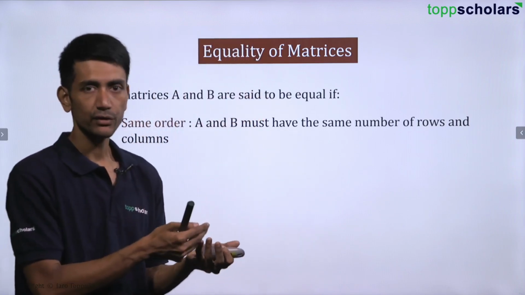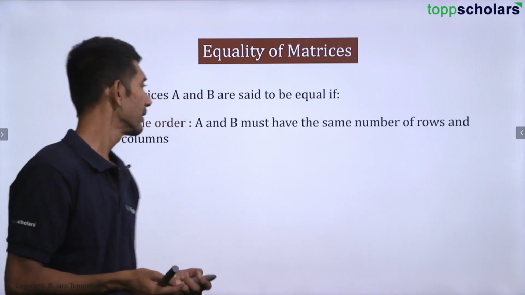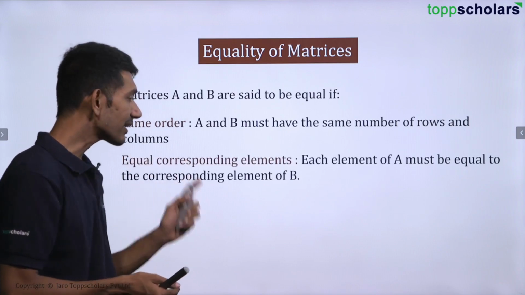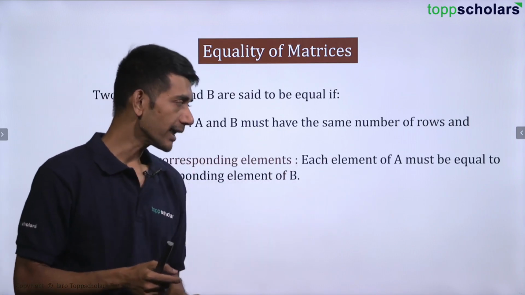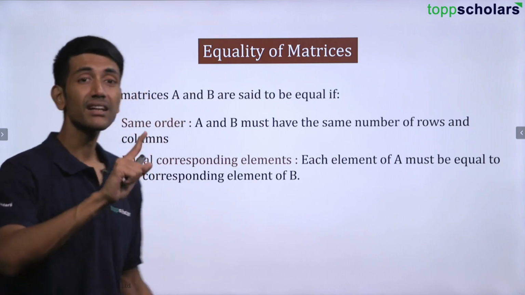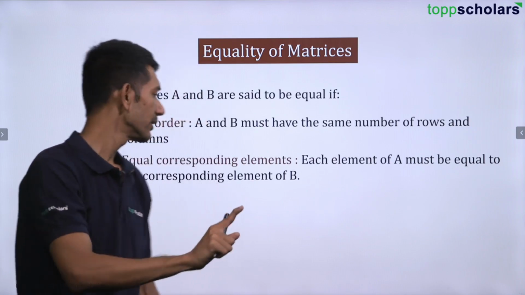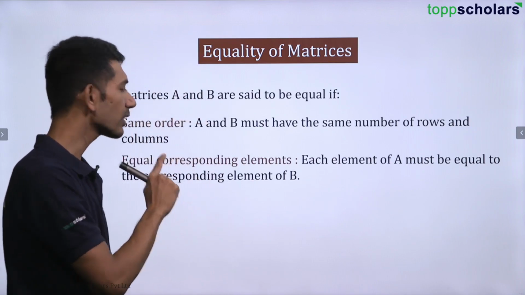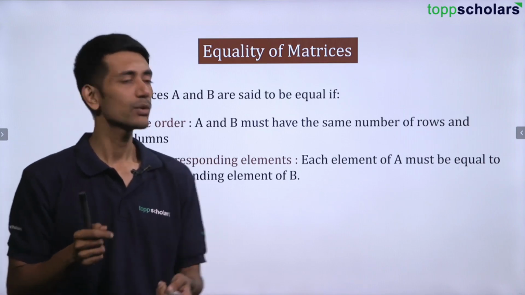If it is 3 by 2 for the first, it should be 3 by 2 for the second. But that is not enough, right? Equal corresponding elements, very important. Each element of A must be equal to the corresponding element of B. Corresponding is also important. Then only the two matrices are said to be equal.